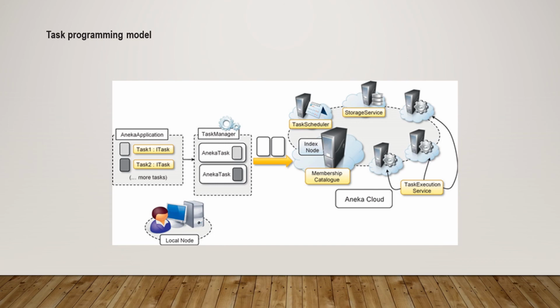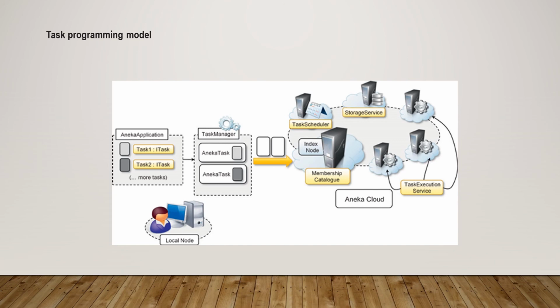The user creates the application on Aneka and submits the tasks within the context of this application. The web service limits the type of tasks that can be submitted. Only a limited collection of tasks is available for submission in the Aneka platform.